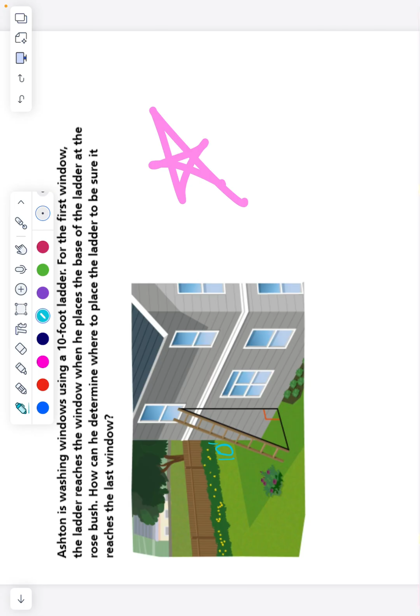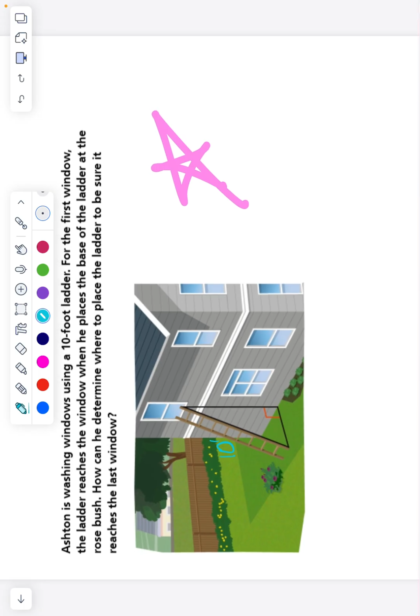No, not from what we were told. I feel like I must be zoomed in or something. Yep, that's why. So how can he determine where to place the ladder to be sure it reaches the last window? What are we really talking about here? Yeah, and which theorem is that? For this one specifically, I mean.